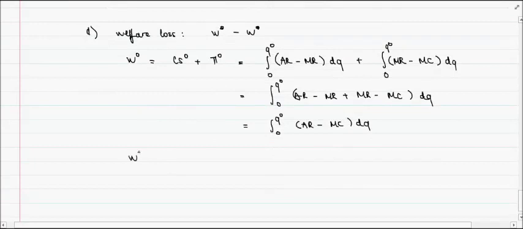Very similarly, welfare in a monopoly market is going to be the consumer surplus in the monopoly market plus the profit for the monopoly firm. So that is just going to be the integral from 0 to q star, which is the quantity produced by the monopoly, of average revenue minus marginal cost dq.